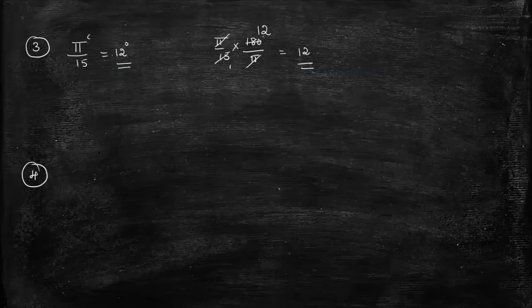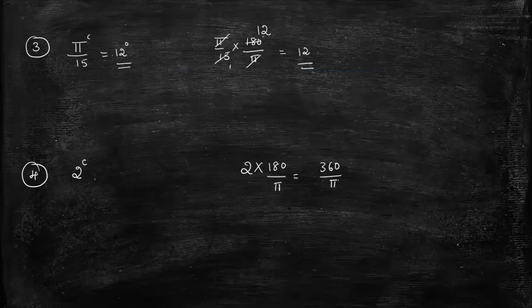Last one. Now let me convert 2 radians into degrees. 2 has to be multiplied by this. So it will be 360 by pi. If you want, you can substitute the value of pi. Otherwise, you can keep this as the answer.